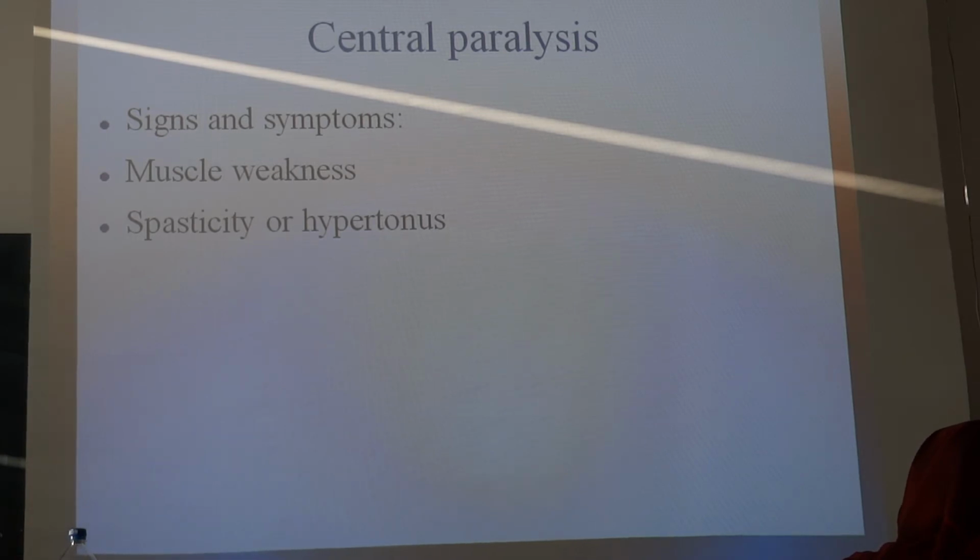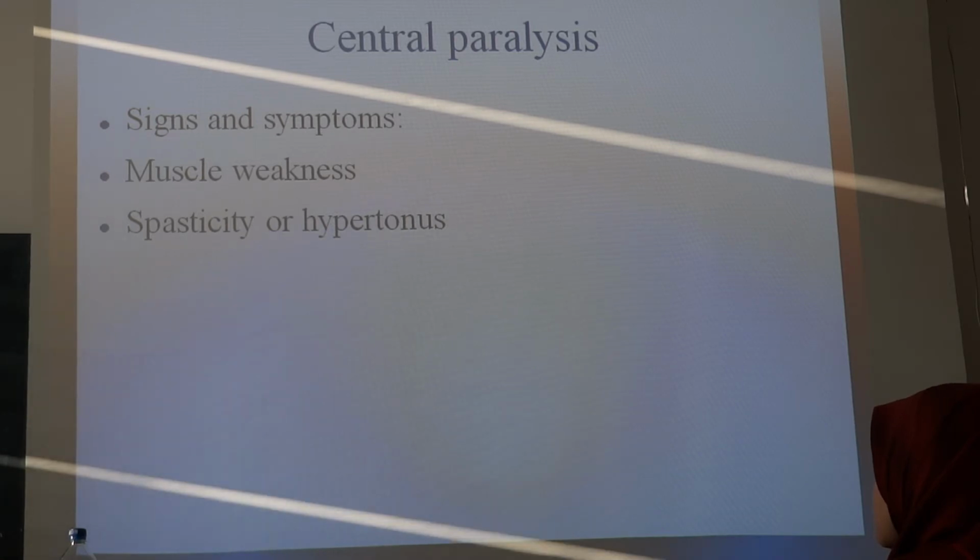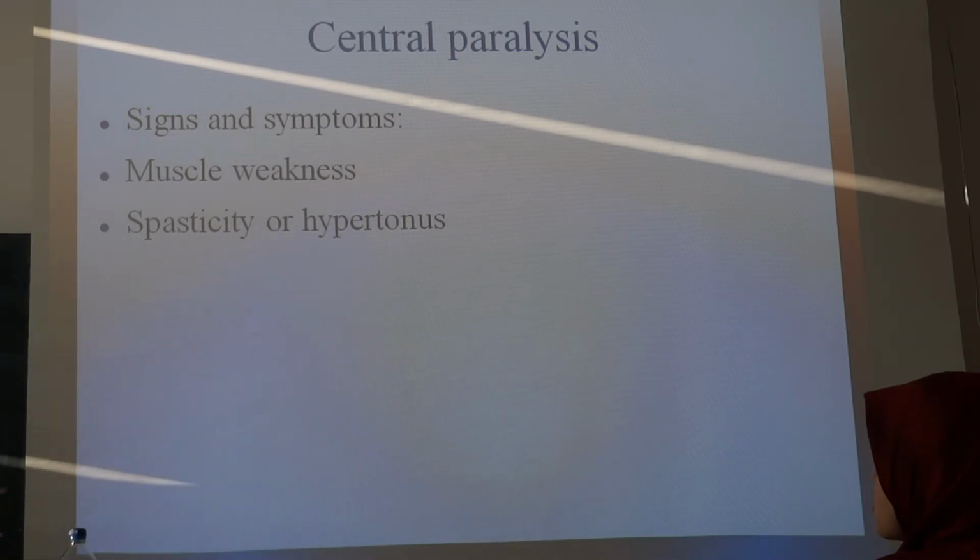From the spinal cord, there are motor neurons going to the muscles, and these motor neurons keep firing all the time. So what they do is they always maintain a tone in your muscles. Your muscles aren't just limp all the time. Even when you're relaxed, they have a little amount of contraction because these spinal nerves keep giving a stimulus, even though you're not moving. Naturally, they keep doing that.